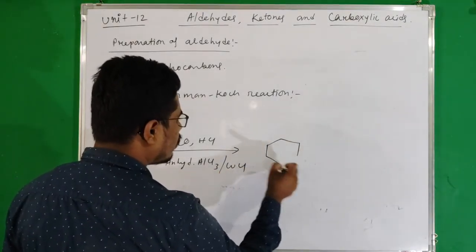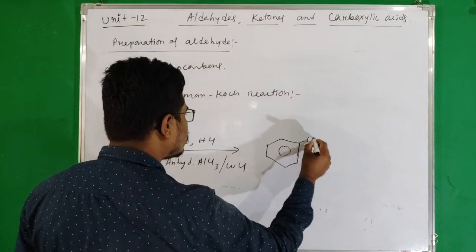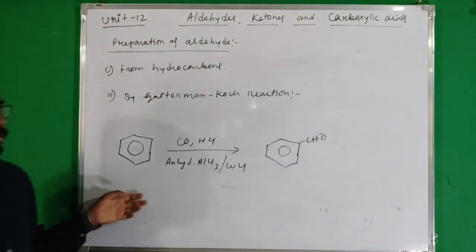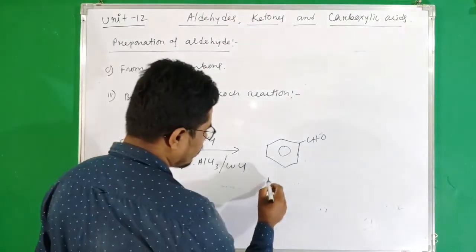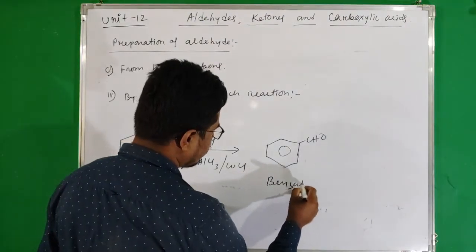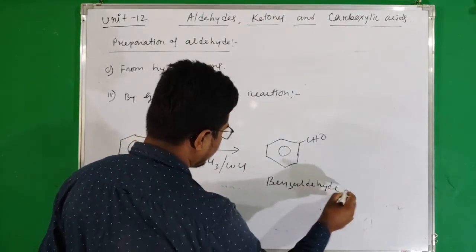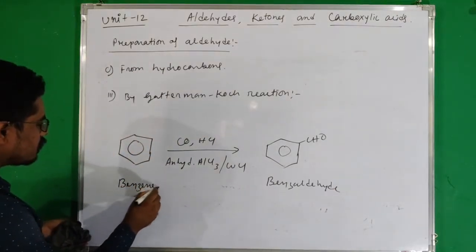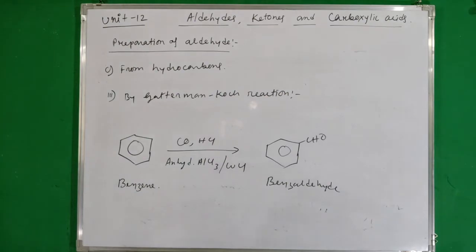Then one CHO group will attach to the benzene ring, resulting in benzaldehyde, and this reaction is known as the Gattermann-Koch reaction.